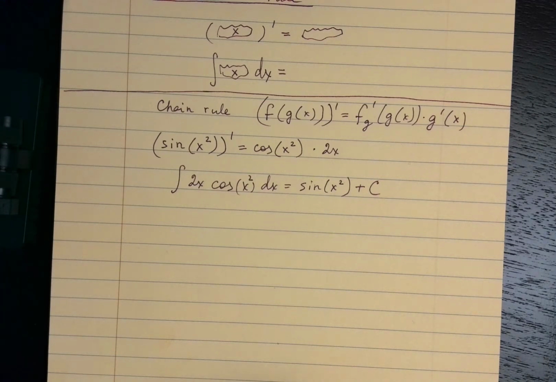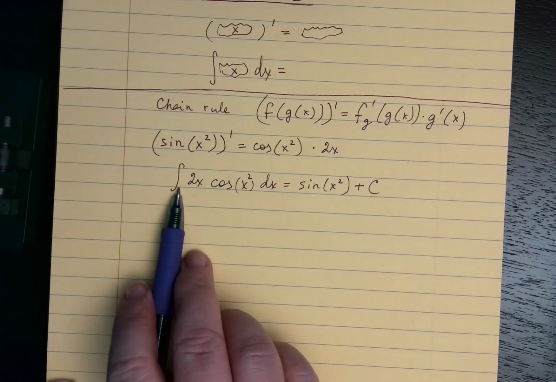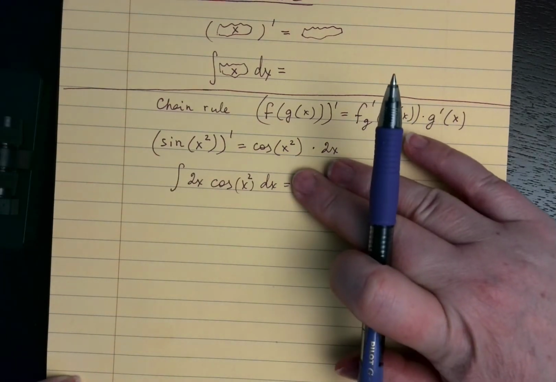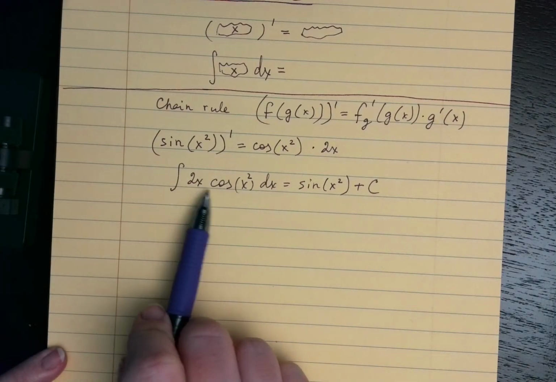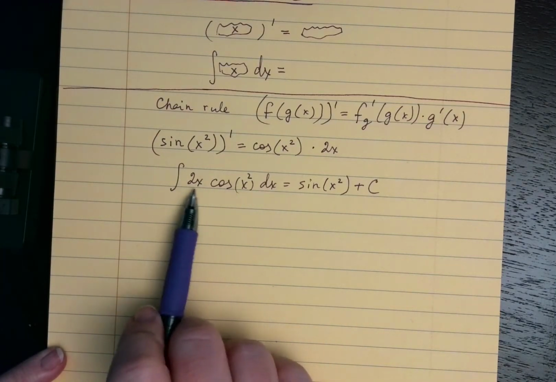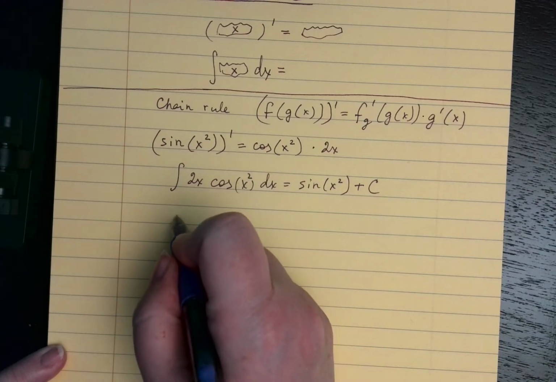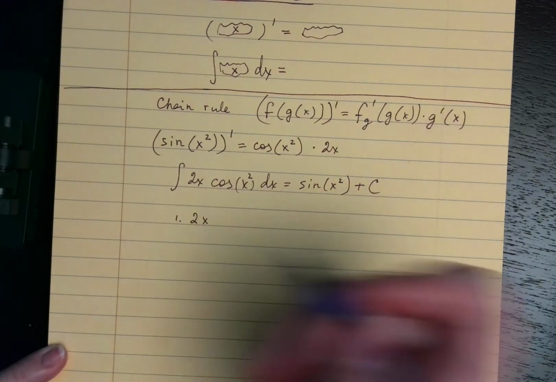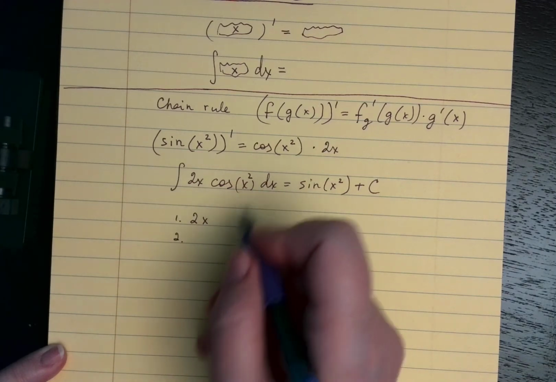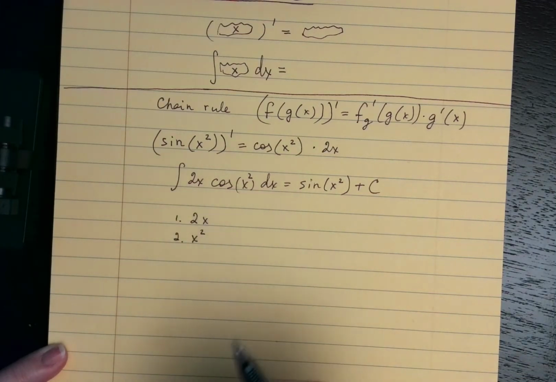And the substitution rule is the following. Suppose you don't know how to solve this, and you are looking at all the patterns that you can see here. You can see pattern 1, which is the simplest, that would be 2x. The second that I see here is x squared.